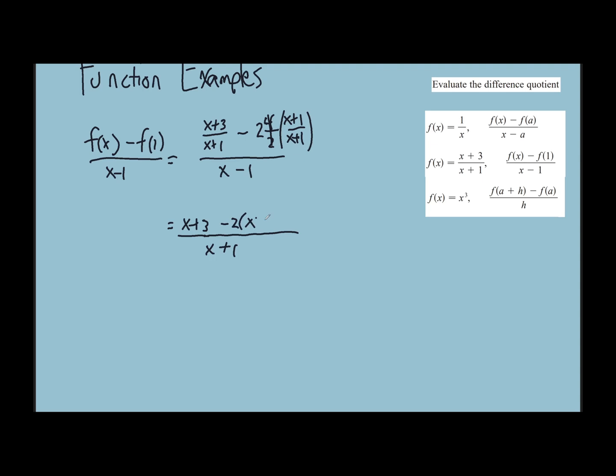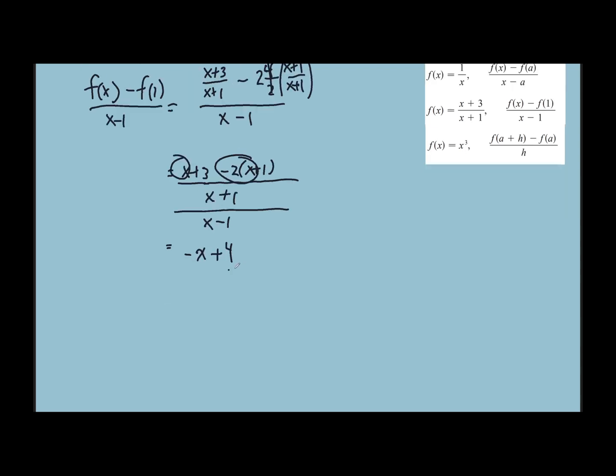And this whole thing will be divided by x minus 1, which we'll do last. So we can distribute. Here's an x, here's a minus 2x, so we should get a minus x plus 4, there it is, over x plus 1, x minus 1.